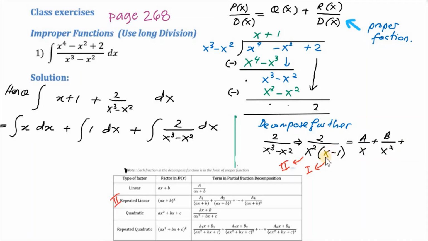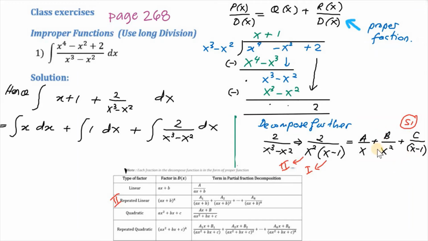As for this part, the factor x minus 1 is case 1. It's not repeating. Let's call the constant c, and it's over x minus 1. You have to get this format correct first. The statement must be correct.